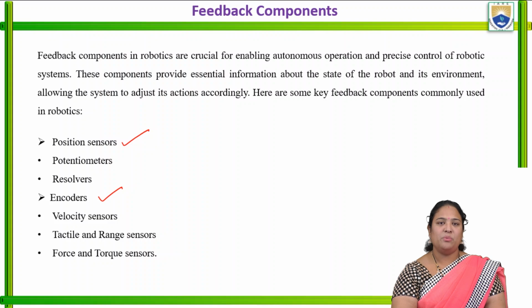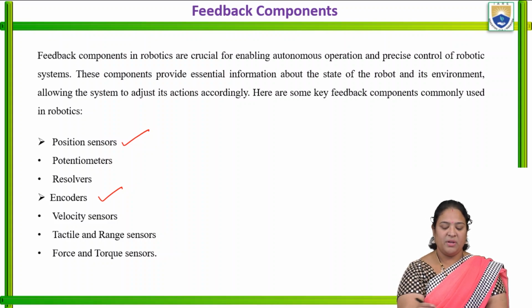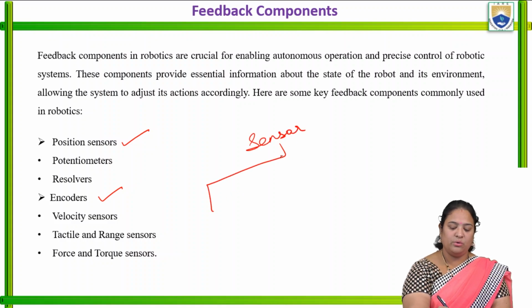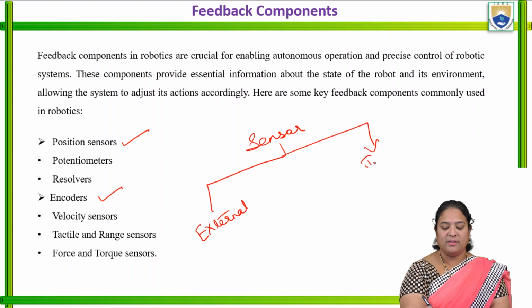What do we mean by the word position sensor? Firstly, the sensor is divided into two types. One is the external sensor and one is the internal sensor.